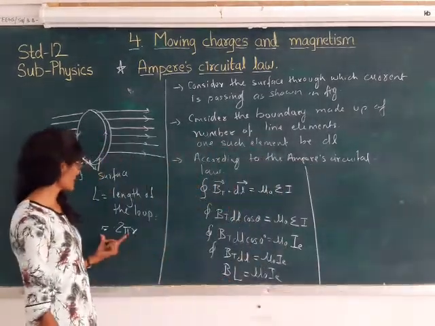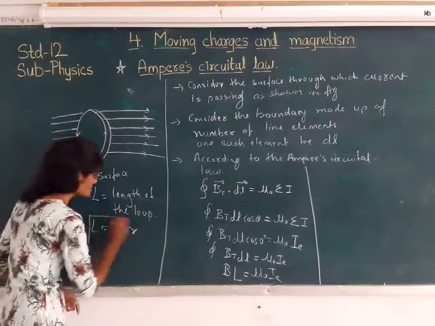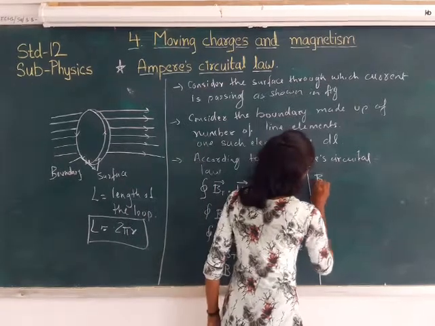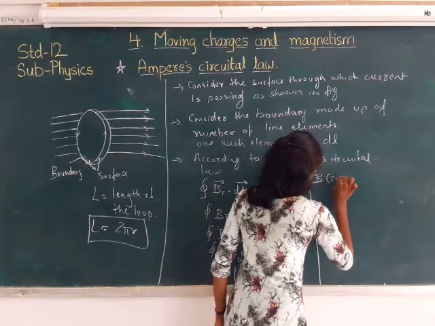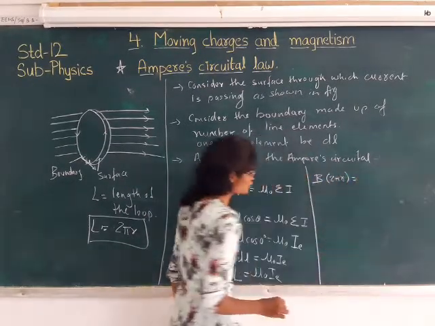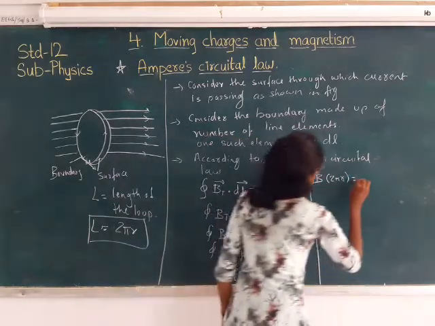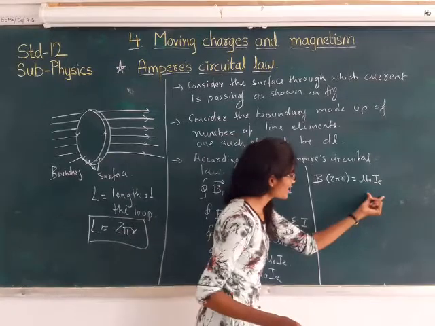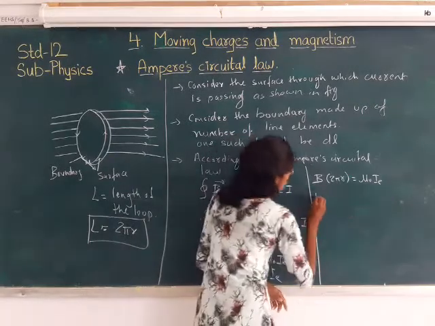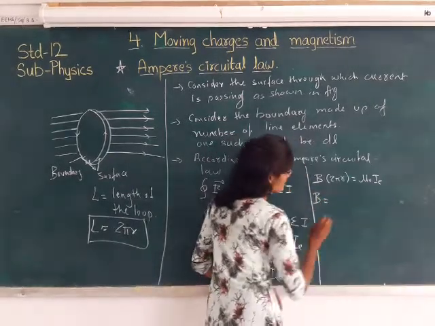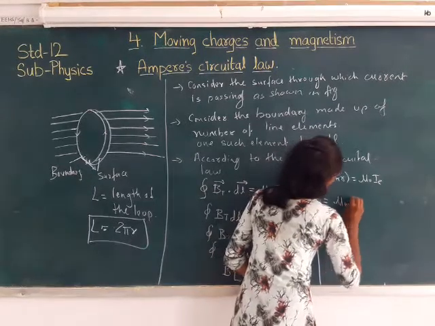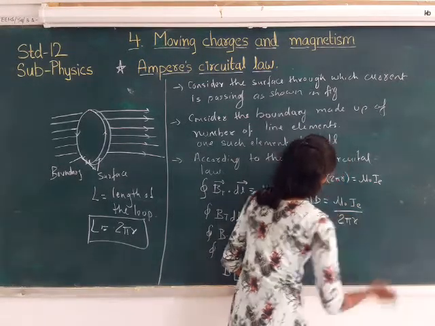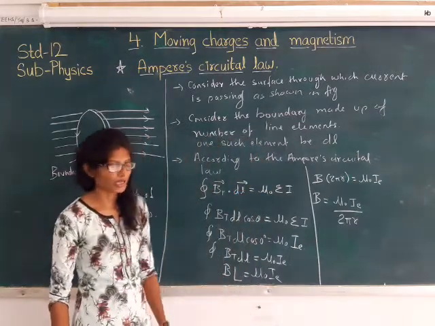So over here L is nothing but 2 pi r. So we can write B times 2 pi r equals mu 0 I E. Taking 2 pi r over here, it can be written as B equals mu 0 I E upon 2 pi r.